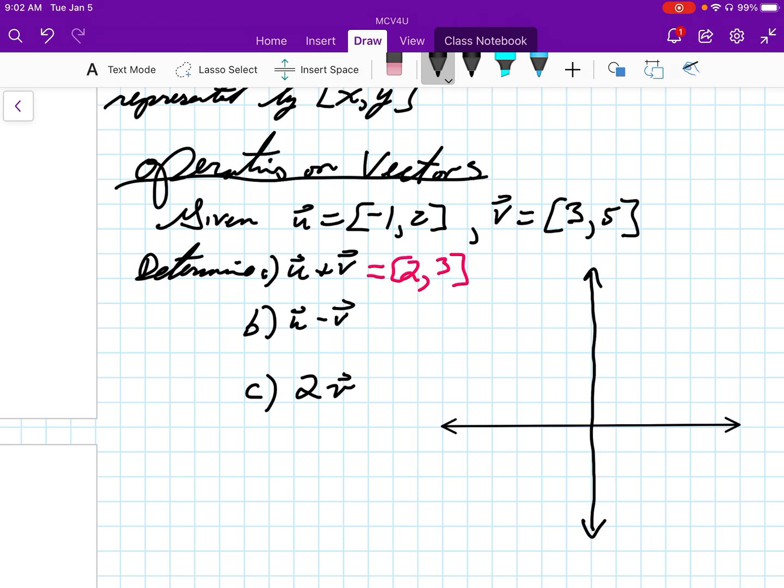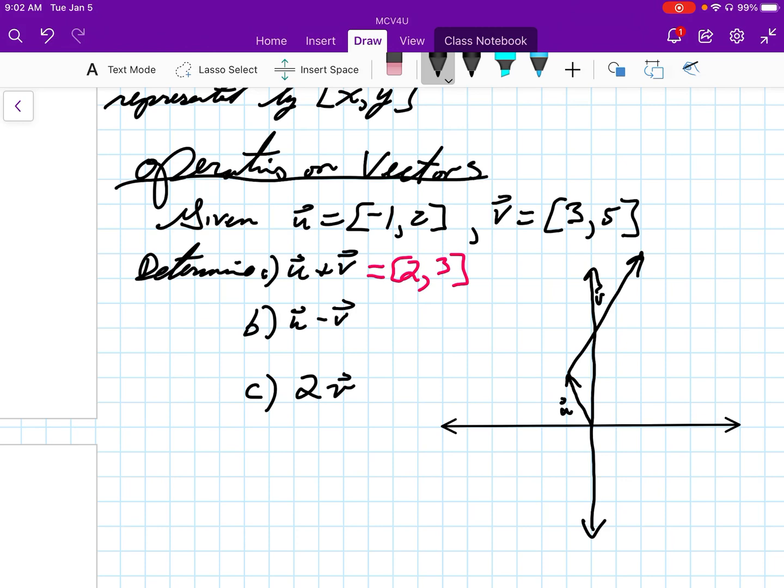So u is (-1, 2), which should be up here. That was my fault before. v is (3, 5). So again, we travel over 3, 1, 2, 3, up 5, 1, 2, 3, 4, 5. It's up there. Okay, there's our v.